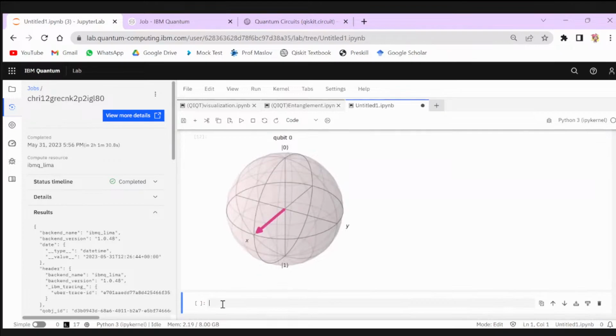So let's try to plot any arbitrary state. Let's try to plot the 1, 0 state; any arbitrary state you can plot.